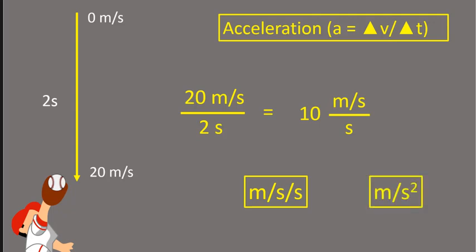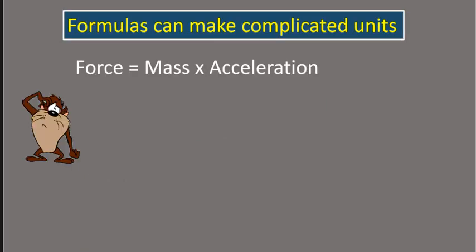Now, the math that explains how both of these units are exactly the same is probably a topic for another video. But as you can see, whatever you do mathematically with the numbers, we also do with the letters and the units.